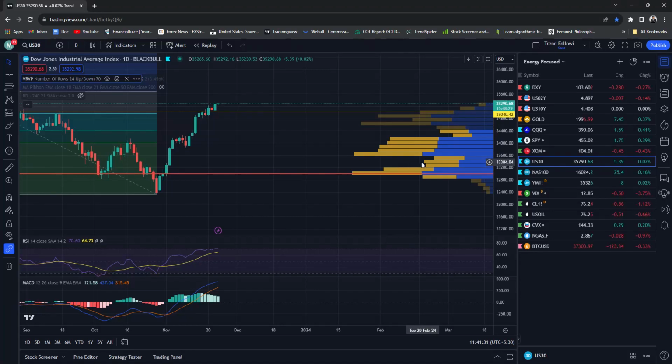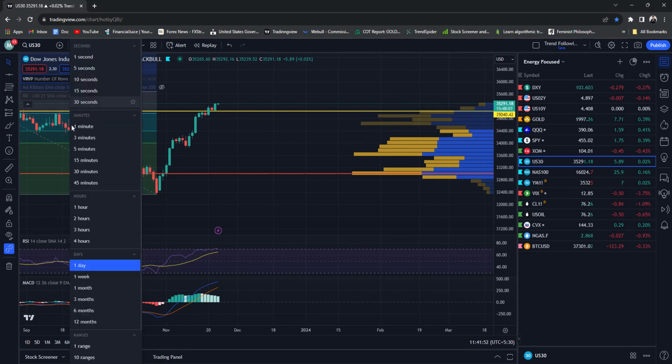This area doesn't have any volume. So when price is breaking out at this area, we are sure that it is going to go to this level. Similarly, this one area has no volume, this area has no volume. So it's easier for bulls to track to these higher areas of 600.